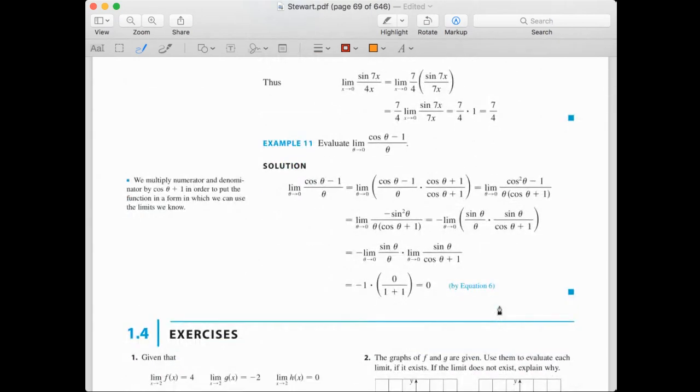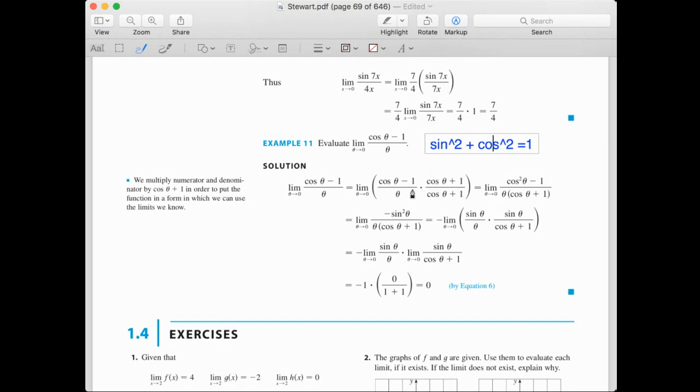Well, let's see 11. We do not have sine theta over theta, right? But 0 is not in the domain of this. So what do we do? We want to use the identity. Remember the identity sine squared plus cosine squared equals 1. So how to use this identity?